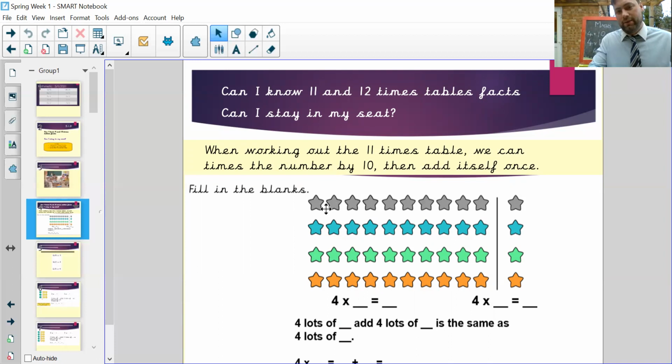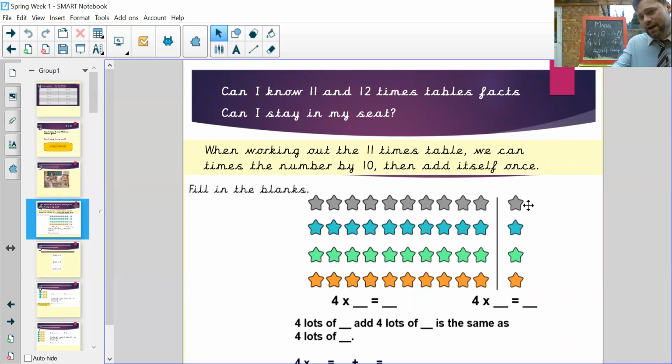We've got 1, 2, 3, 4, 5, 6, 7, 8, 9, 10 grey stars, and then our 11th star here. We've done 10 times 4 here because there are 10 stars and we've got 4 lots of them. So 10 times 4 is equal to 40.